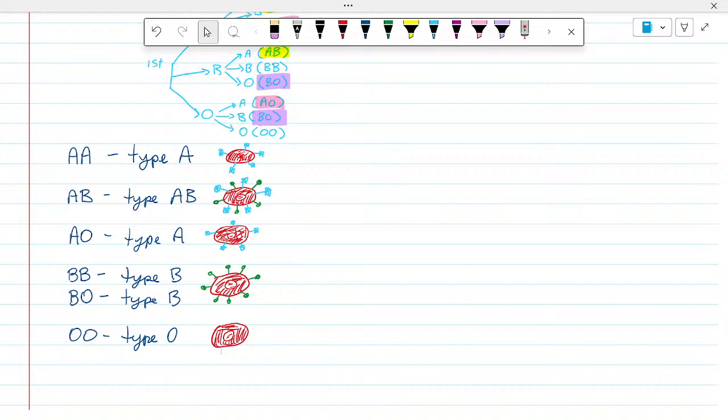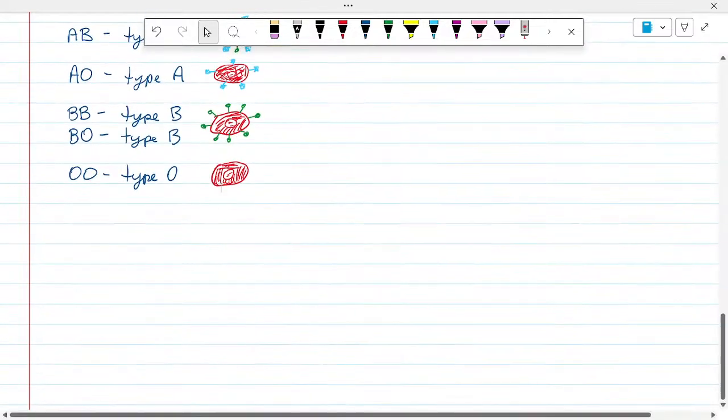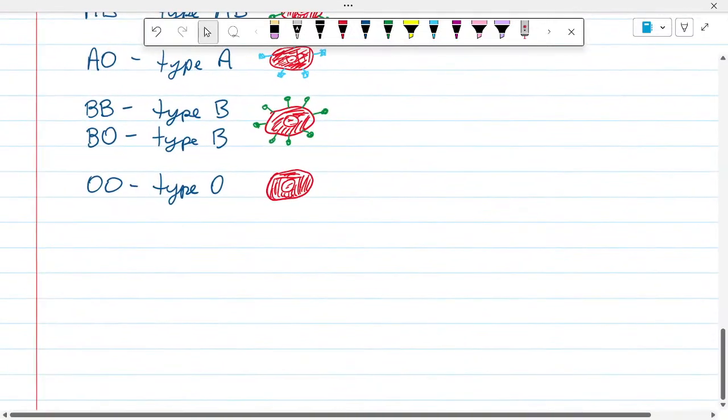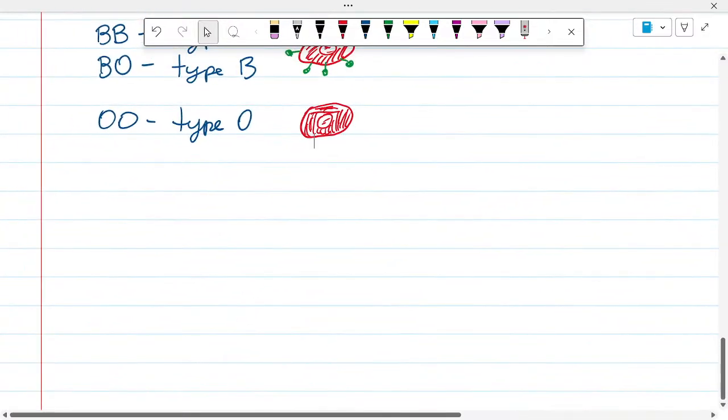All right. So as we were saying, these are our blood types. So now, if we wanted to, we could look at these and do a hybrid cross, right? We could say, I don't know, let's make one up.